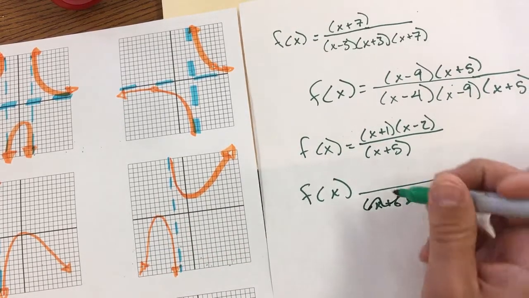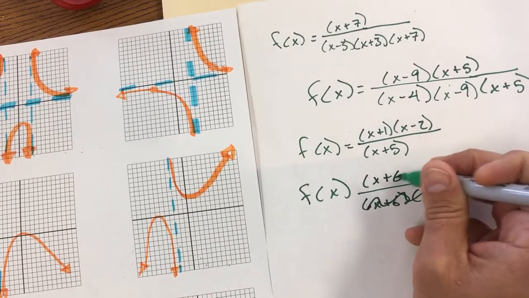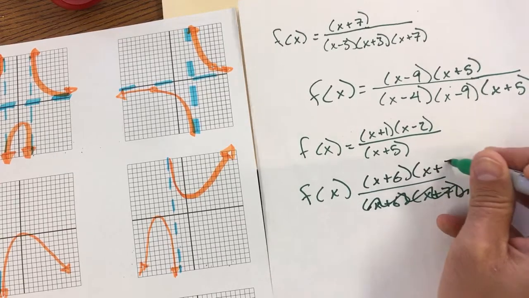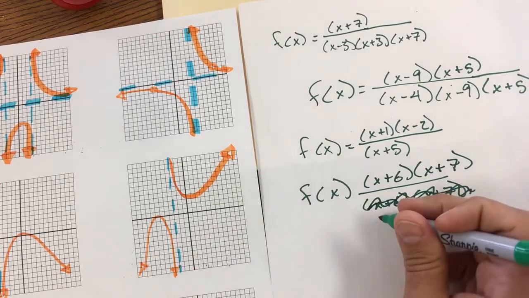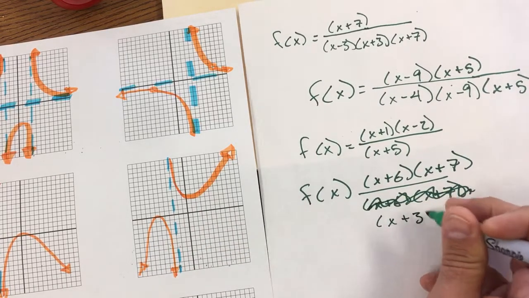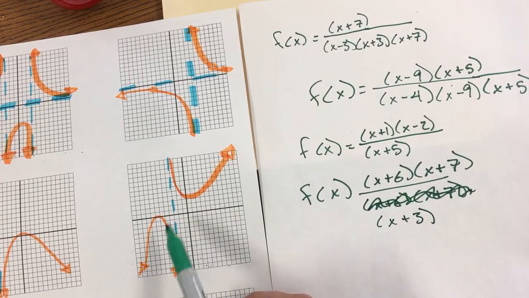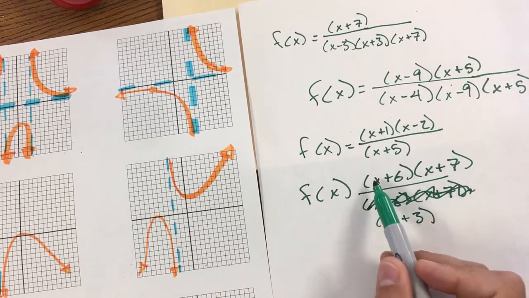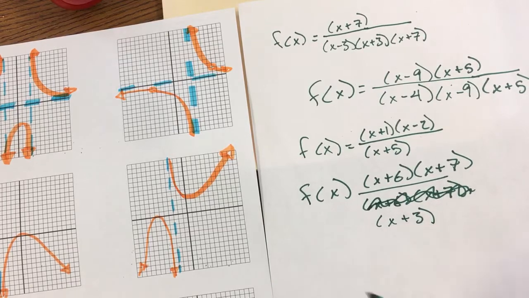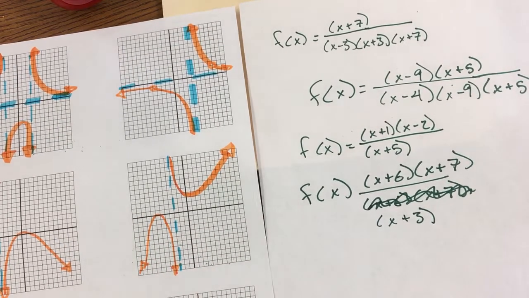Whoops. x plus 6, x plus 7. Those were my zeros. I have a vertical asymptote at -3, so I'm going to put x plus 3. And no holes, nothing else. This should be a higher degree on top. I have 2 on top and 1 on bottom, so it is. And that's why I don't have a horizontal asymptote.